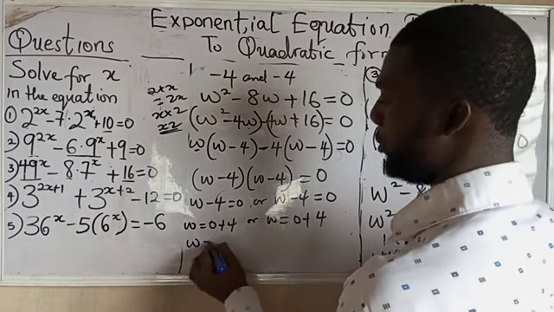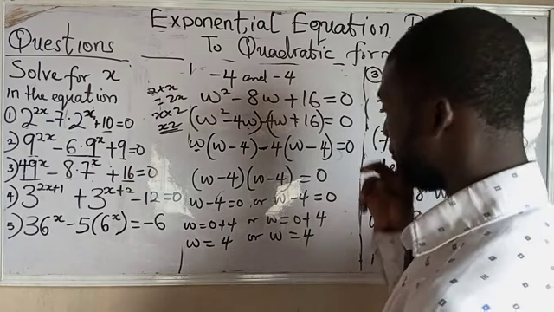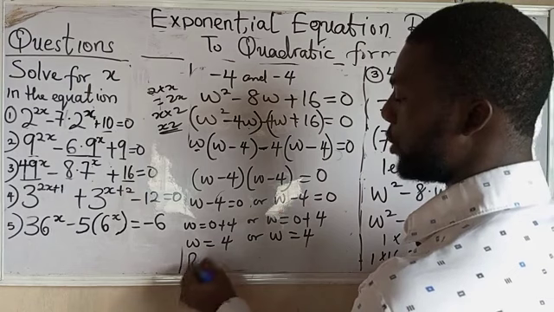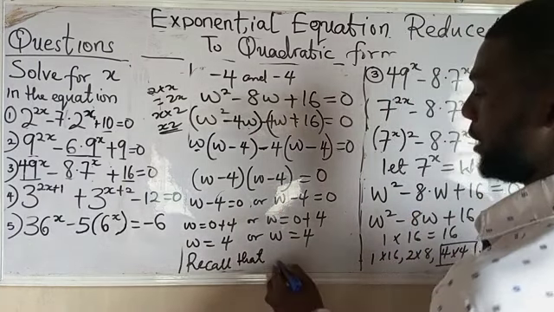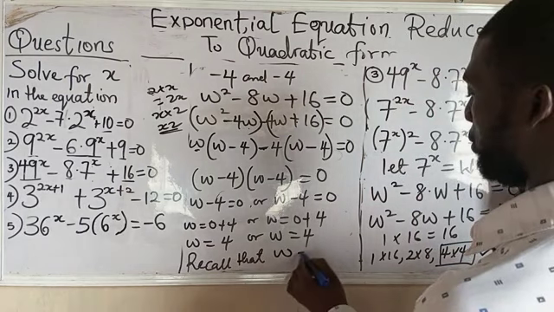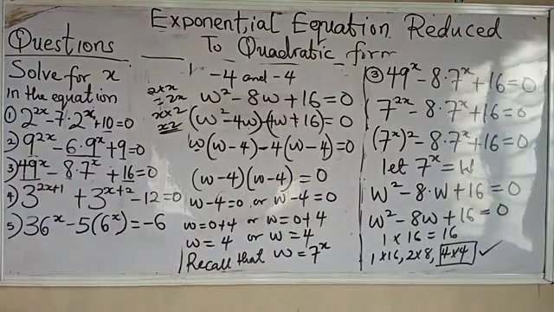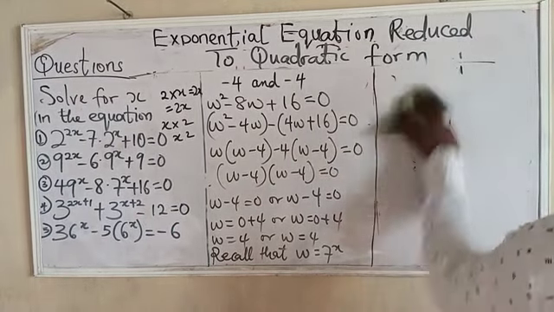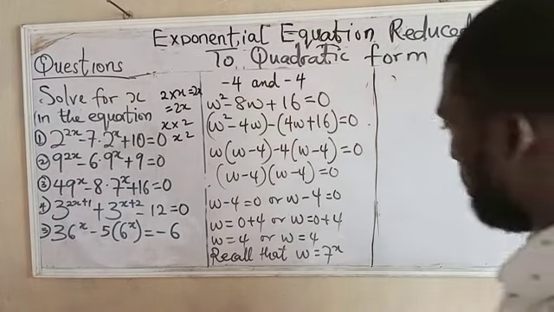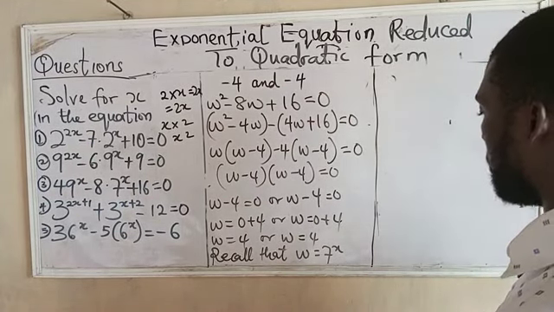So we have w equals 4. Then we now recall that w equals 7 raised to power x.